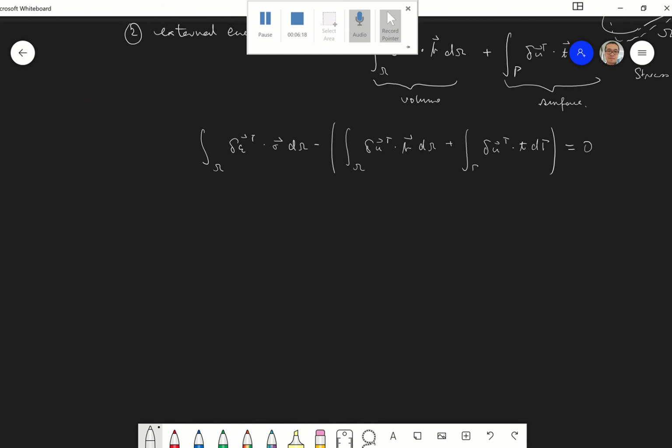So before we move on to manipulate this equation further, I just want to highlight what we are trying to achieve here. We need to stick to the main goal, so we don't get lost in the actual mathematical derivation of the whole thing.